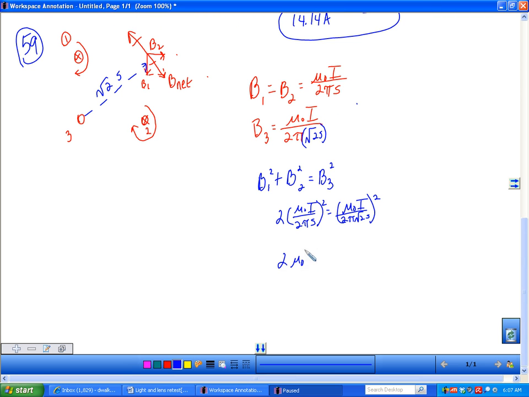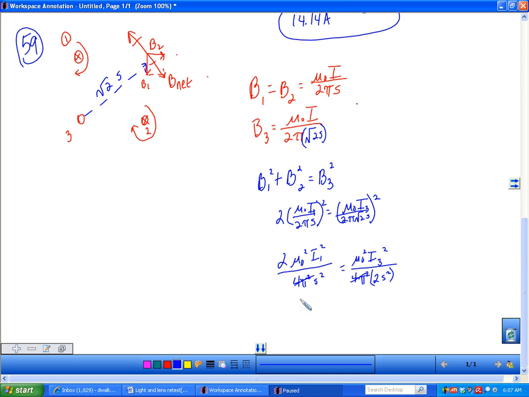This will be mu naught squared I squared, we'll call that I1, or just I, over 2 squared is 4 pi squared S squared. That is equal to mu naught squared I3 squared over 4 pi squared. Square root of 2 squared is just 2 S squared.